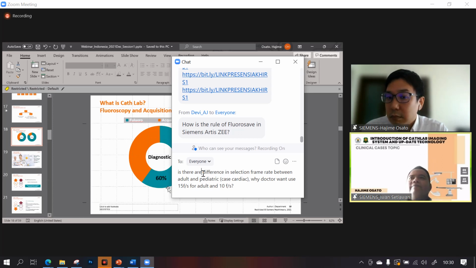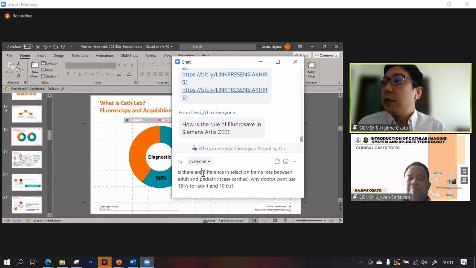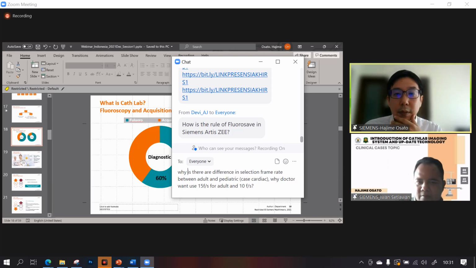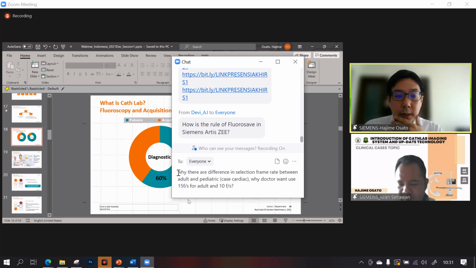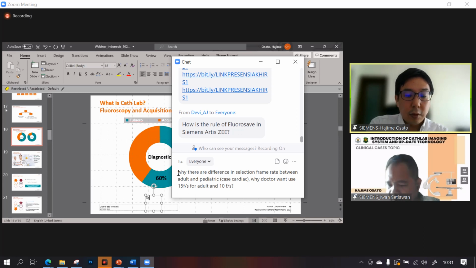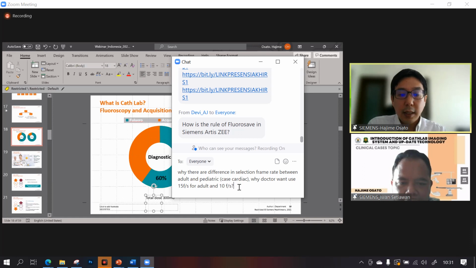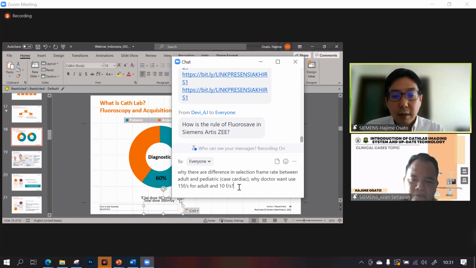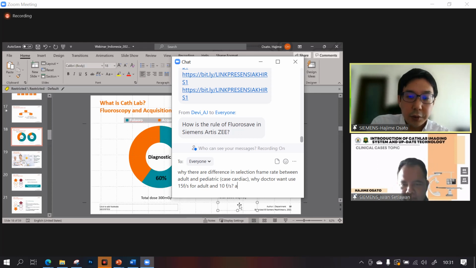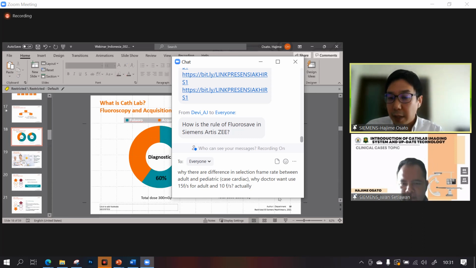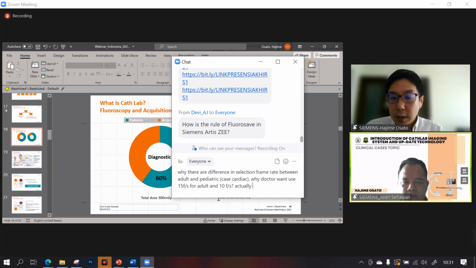Thank you, Hazime-san. So firstly, the total amount is totally different. So for example, I will check the total dose. But in an interventional case, the total dose should be, for example, 100 milligram in total.